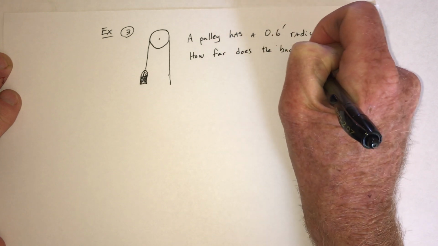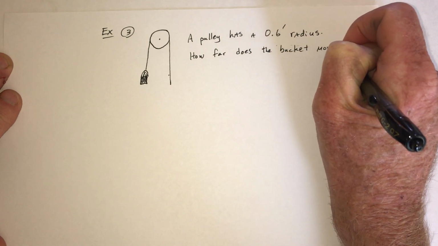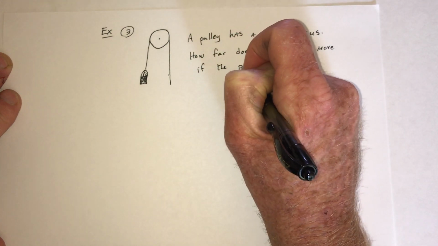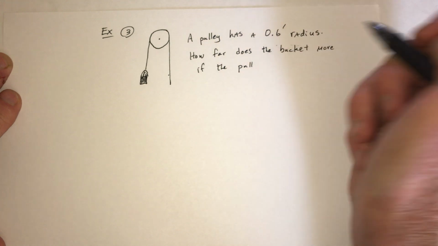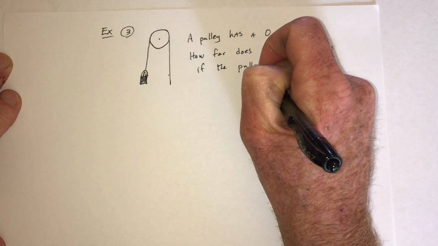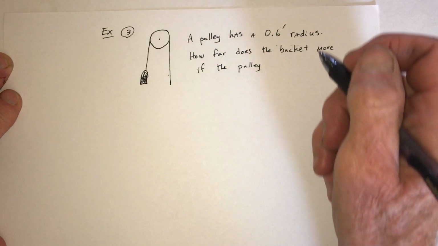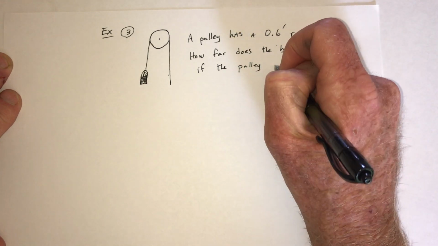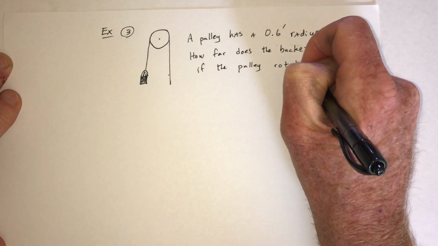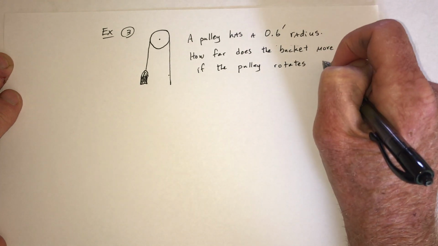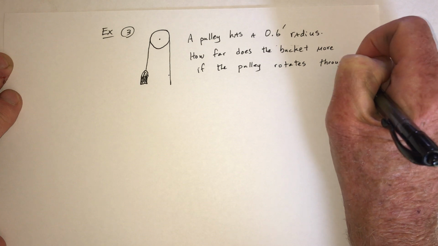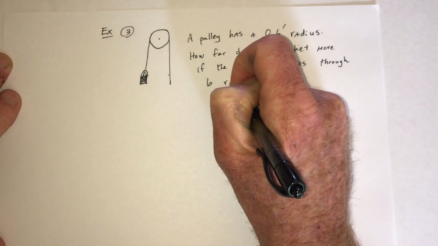So then how far does the bucket move if the pulley, I was doubting how to spell pulley, but I'm pretty sure it's with EY. If the pulley rotates through 6 revolutions.